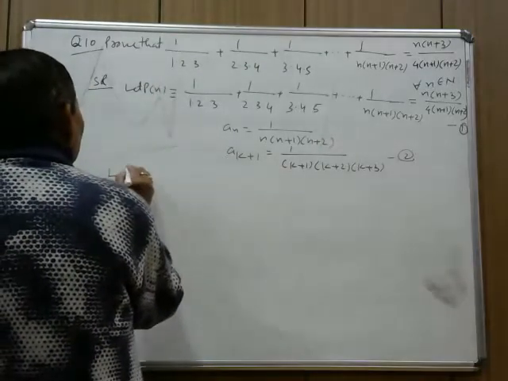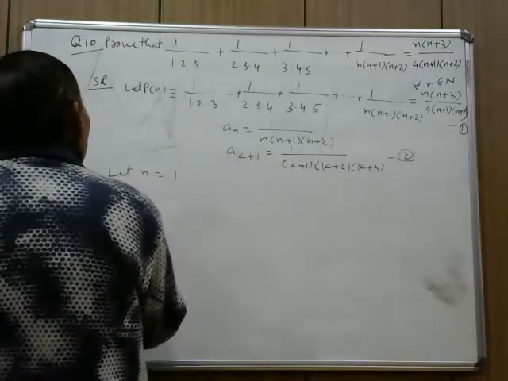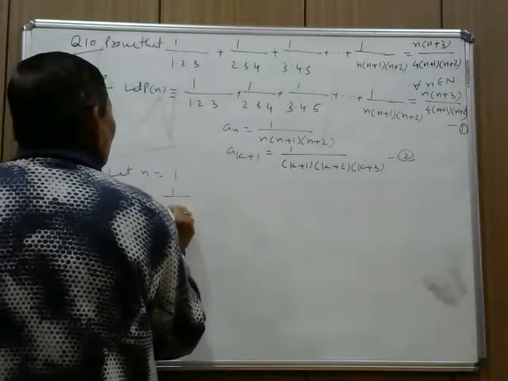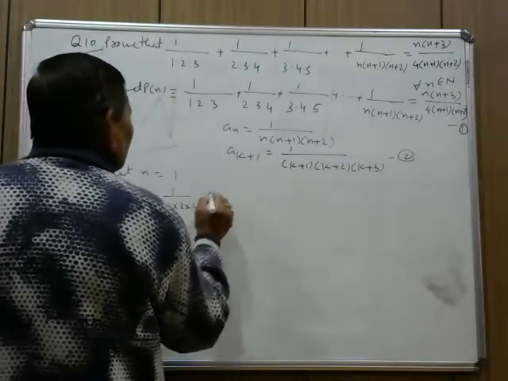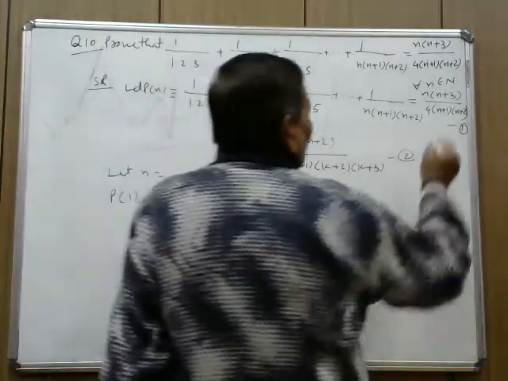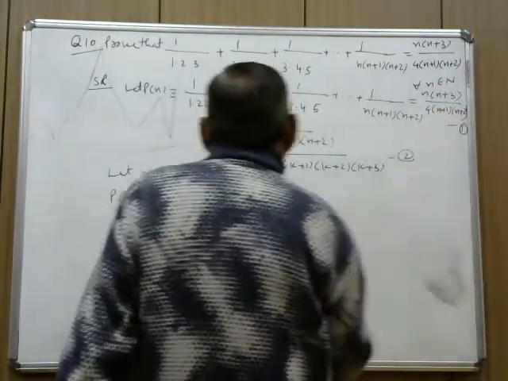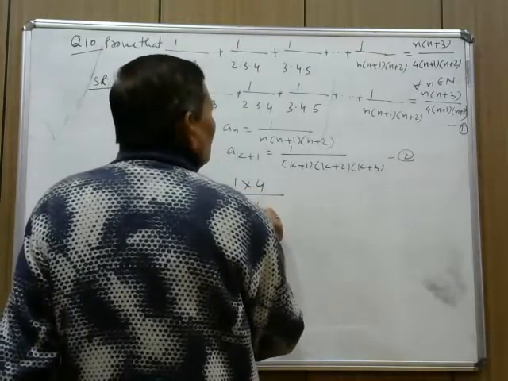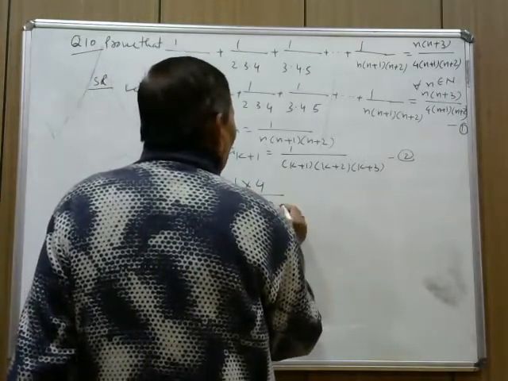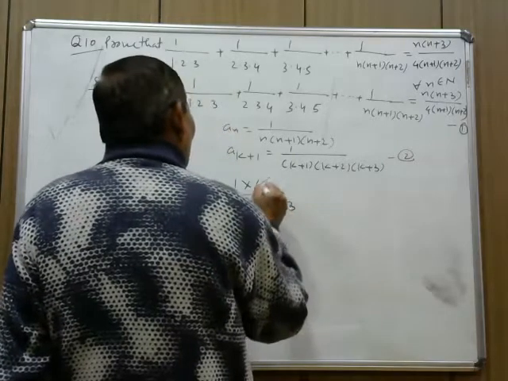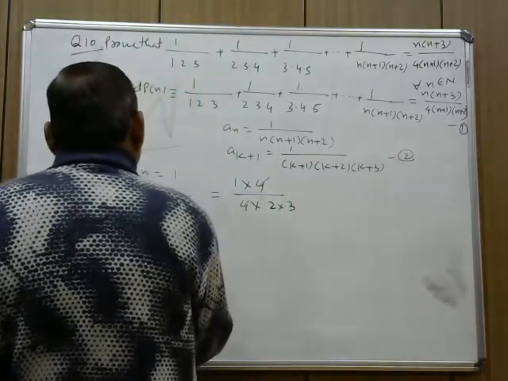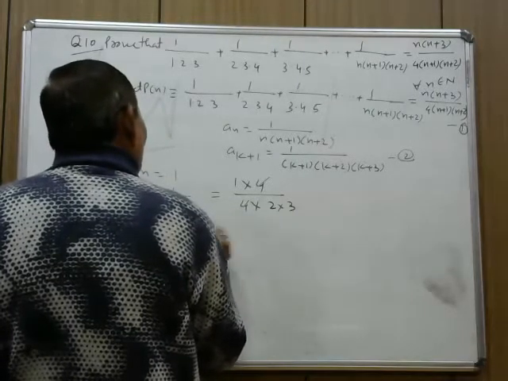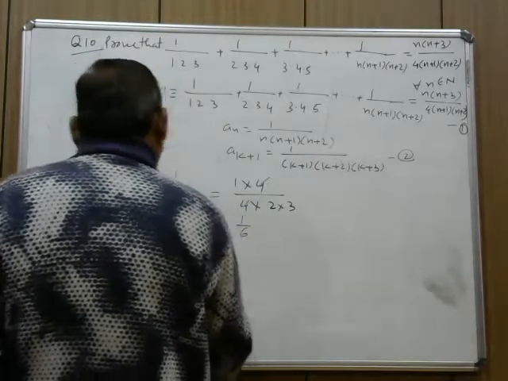Let n equal to 1. So P1 equals 1 upon 1 into 2 into 3, that is equal to, putting n equal to 1 in this sum, 1 into 4 upon 4 into 2 into 3. So 4 and 4 will be cancelled. So P1 implies that 1 upon 6 equal to 1 upon 6.